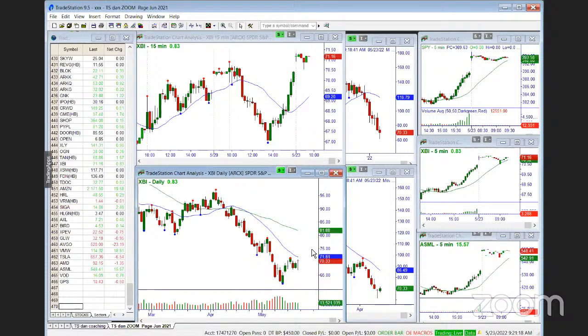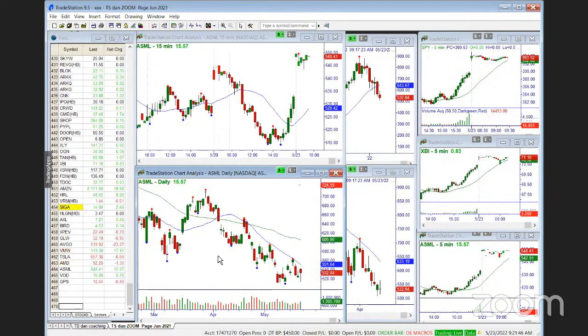But the problem is the resistance Greg showed you. So it really needs to go sideways. Ideally, for the bullish case, it just chops around sideways till after 3:00 and proves that it's going to hold the strength from the low that started at 3:15 on Friday. All right, so that's my bias.